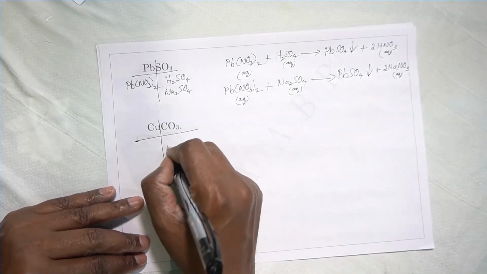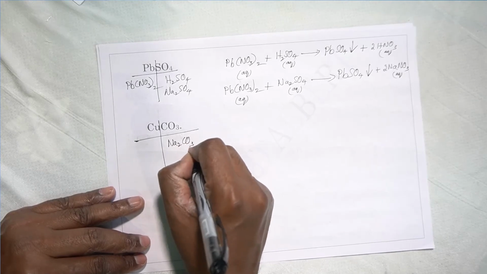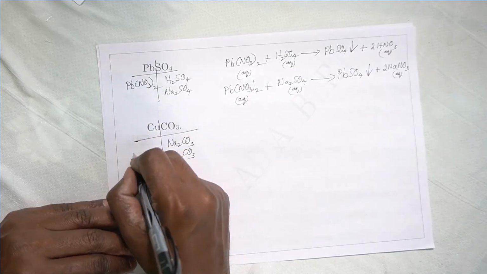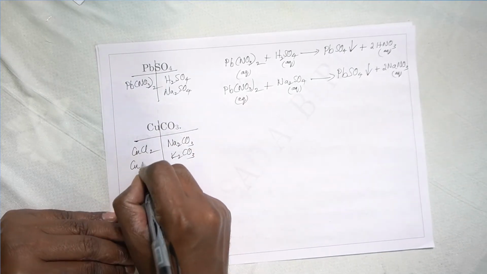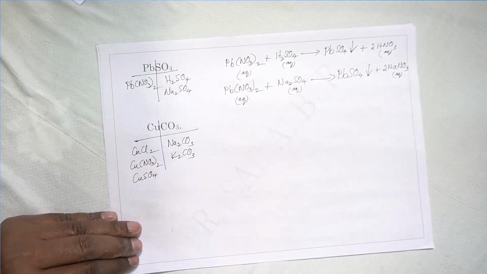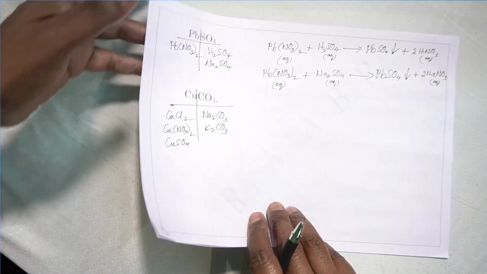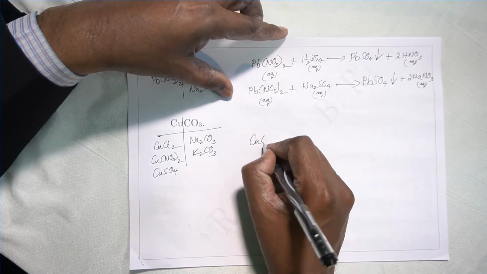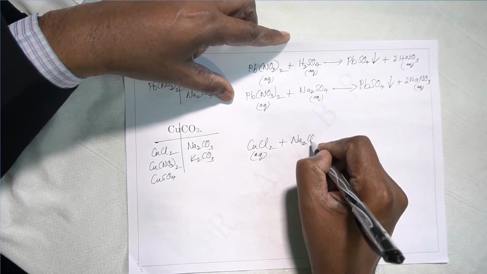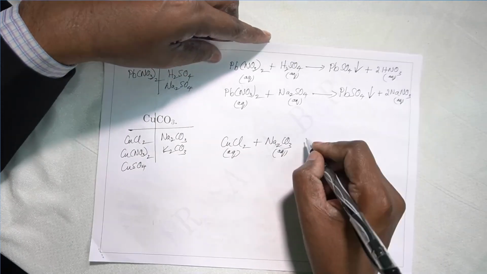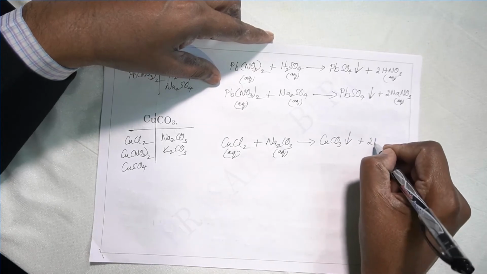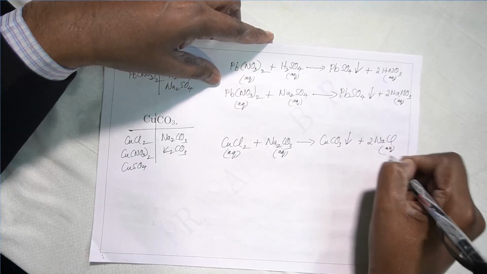Copper carbonate. Carbonate part we have Na2CO3 or K2CO3. Okay, I will write only Na2CO3, and this side copper soluble salt is CuCl2, Cu(NO3)2 or CuSO4. Three soluble compounds. So three equations possible: CuCl2 aqueous plus Na2CO3 aqueous. You get CuCO3 insoluble salt plus 2 NaCl, which is aqueous, right?